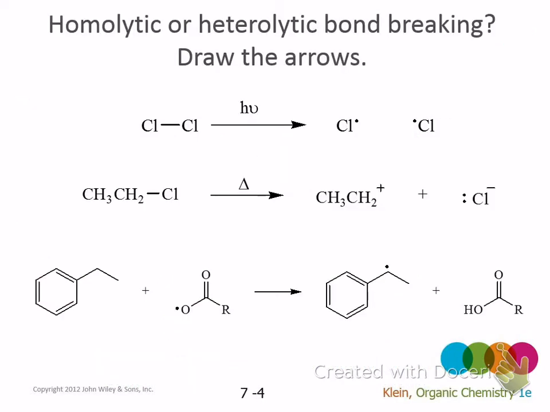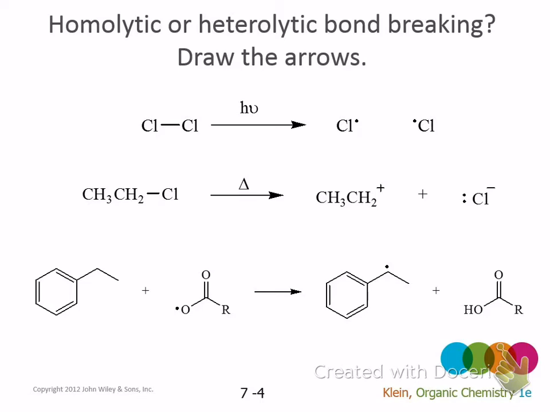Okay, so draw the arrows for these. So for Cl2, when the bond breaks, with h nu, what's h nu? No, it's not heat. It's light. It's Planck's constant times the frequency.